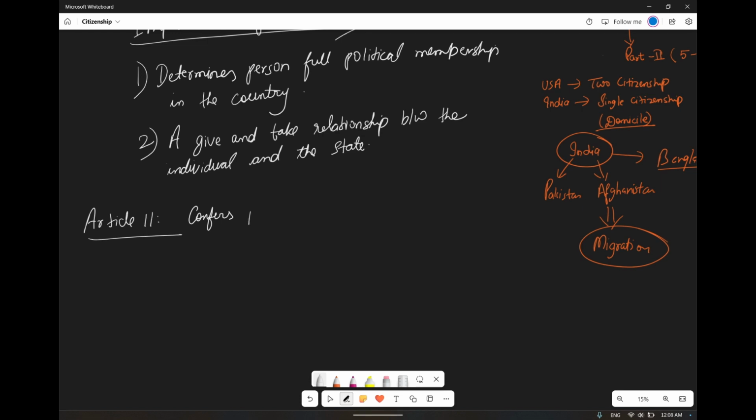confers power on the parliament to regulate citizenship with respect to what?